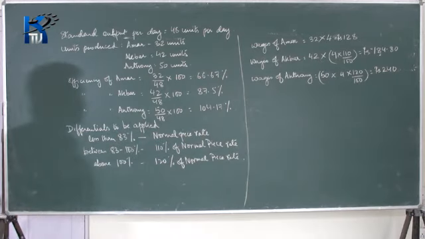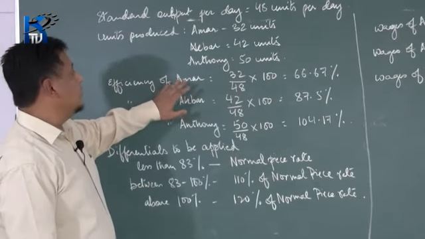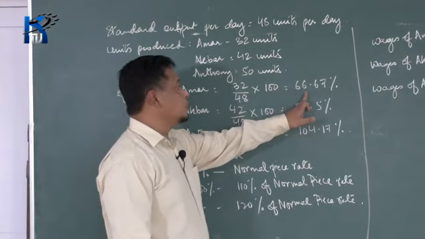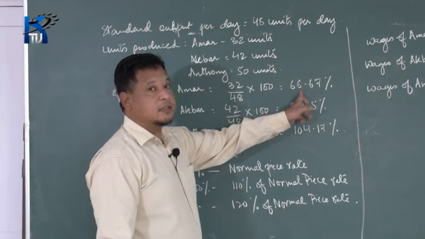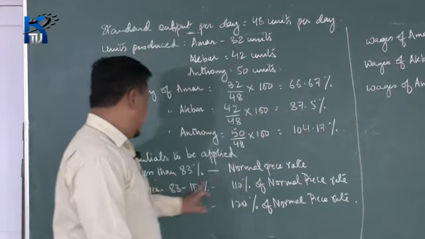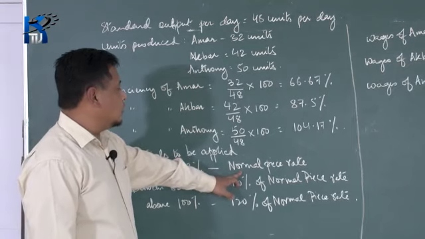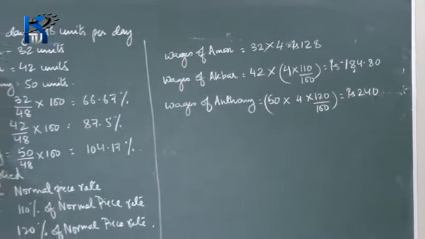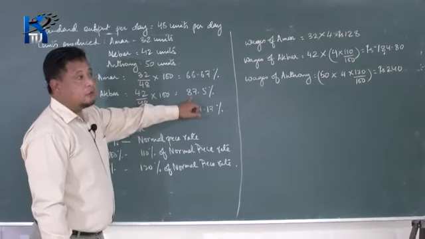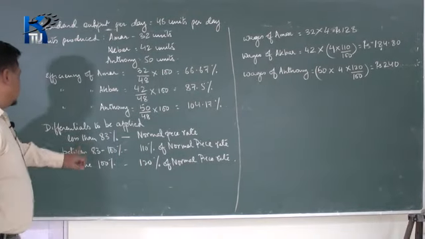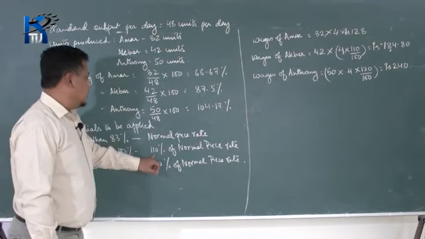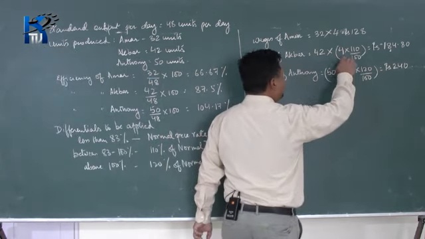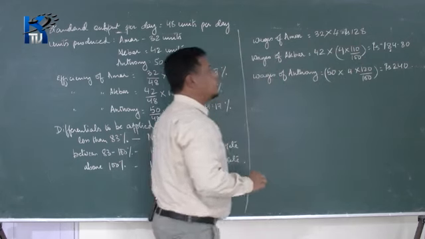So accordingly, what we have done is, first we measured the efficiency of individual workers. Amar produced at an efficiency rate of 66.67%, so according to the differential, he will be paid at the normal piece rate of rupees 4. Akbar produced at an efficiency rate of 87.5%, so he will be paid at 110% of the normal piece rate, that is 110% of rupees 4.